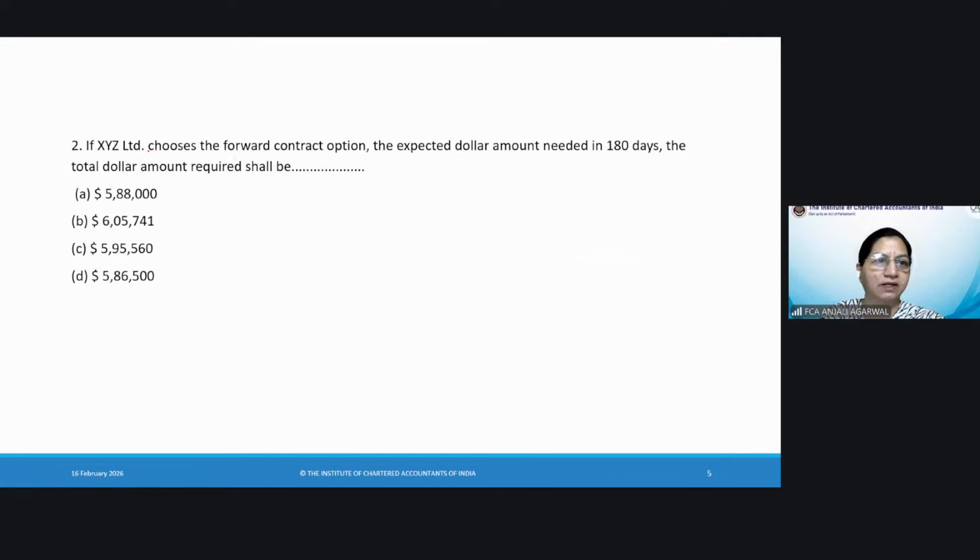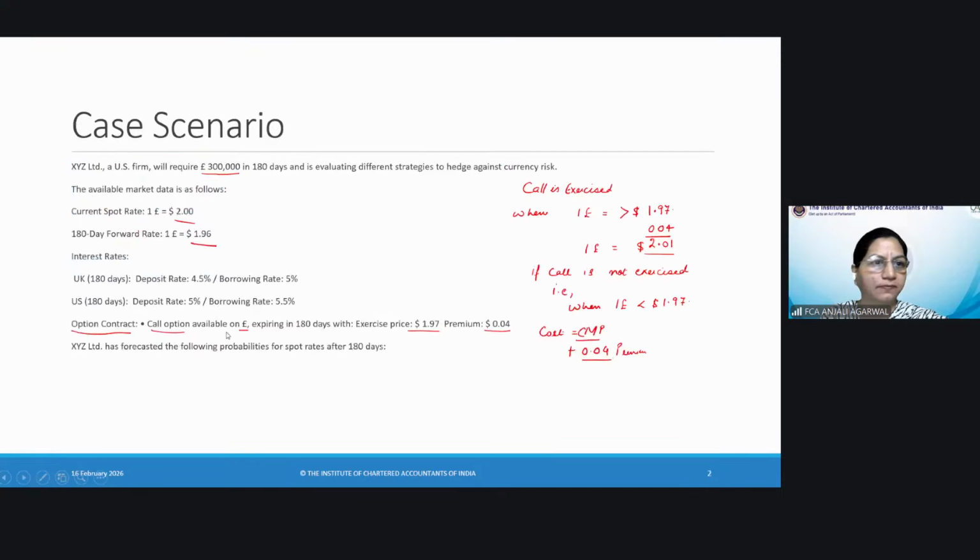Second question, if XYZ chooses the forward contract option, what is the expected dollar amount needed in 180 days? So the forward contract is very clearly given. The 180-day forward rate, 1 pound is equal to $1.96.